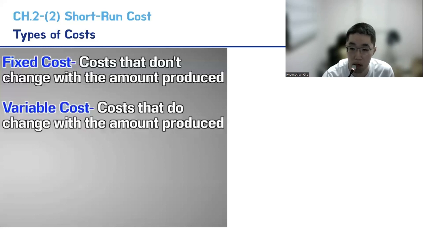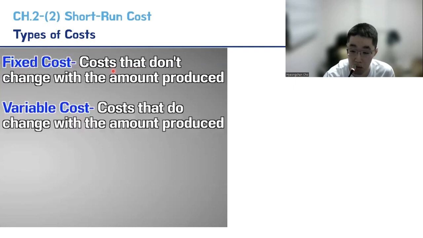Every company has two different types of cost, as I said in the former classes: fixed cost and variable cost. The fixed costs are the costs that don't change with the amount produced. Imagine if you're a pizza company, the oven, you only have one.